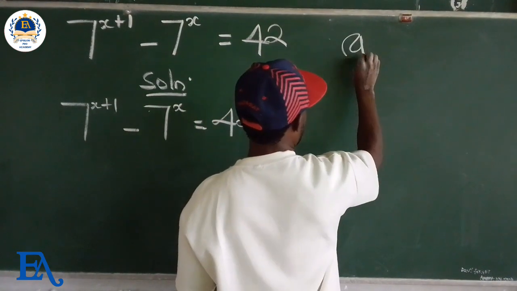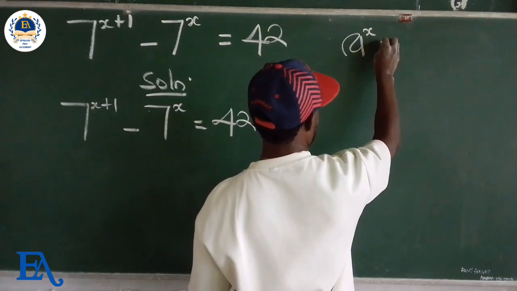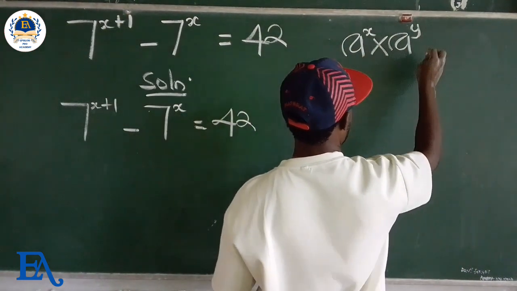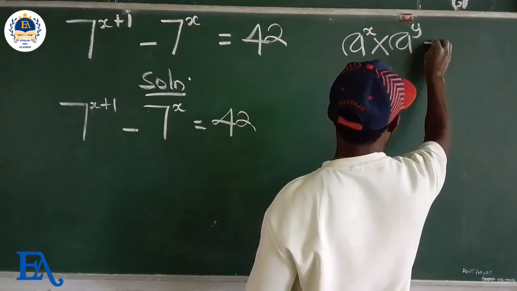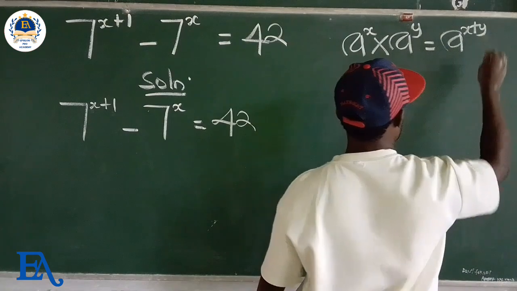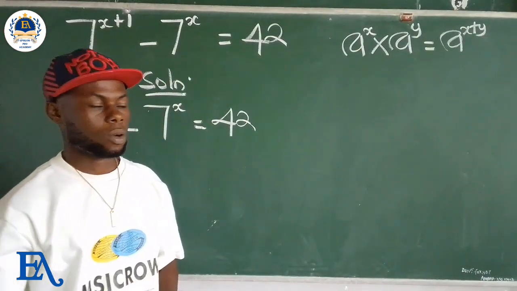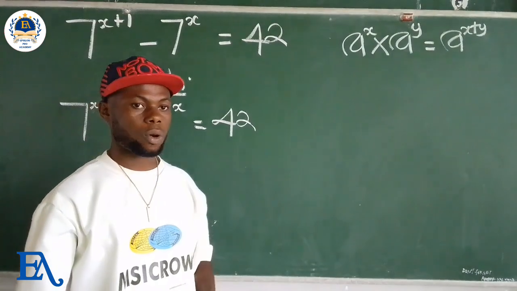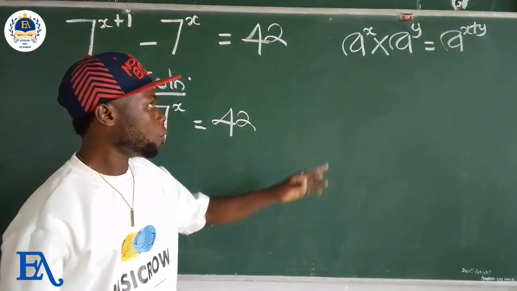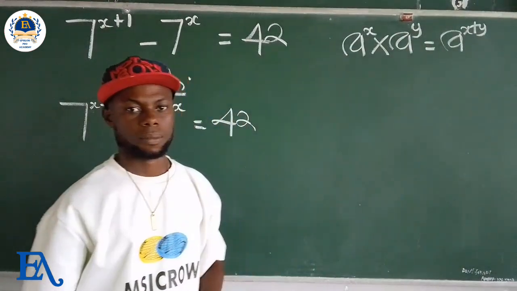In the multiplication law of indices, if a is raised to the power of x times a raised to the power of y, we can simply write this as a raised to the power of x plus y. The law states that when 2 quantities of equal bases are multiplied, their powers, which are x and y, must be added.